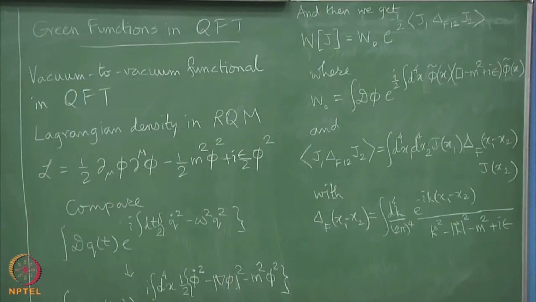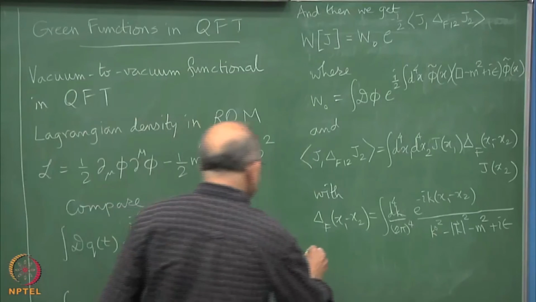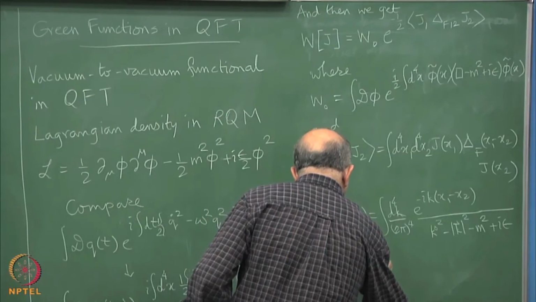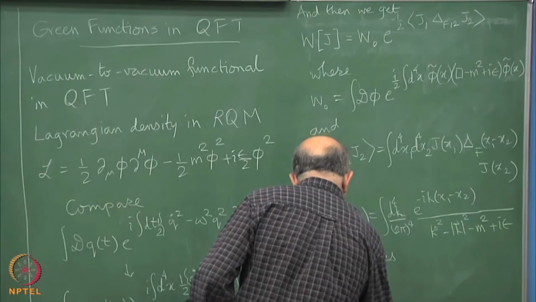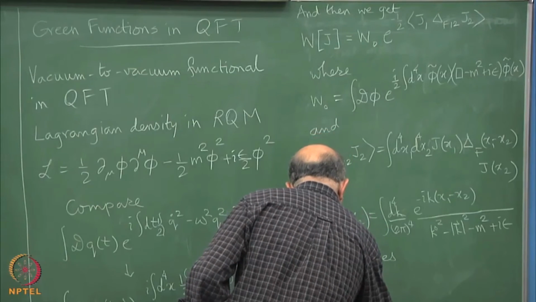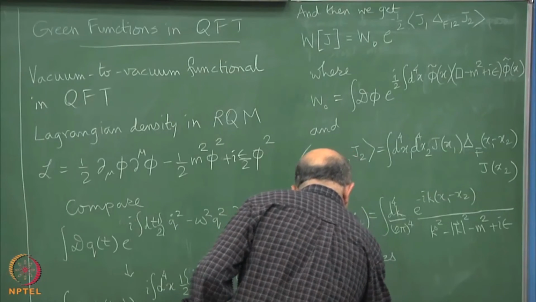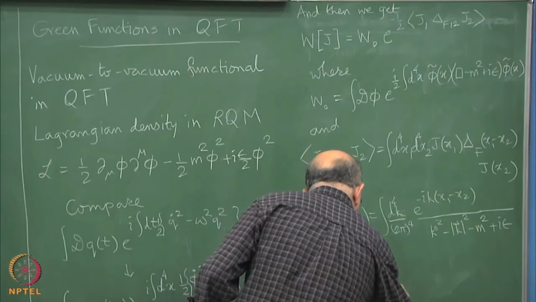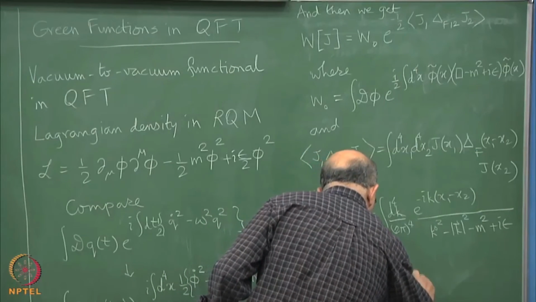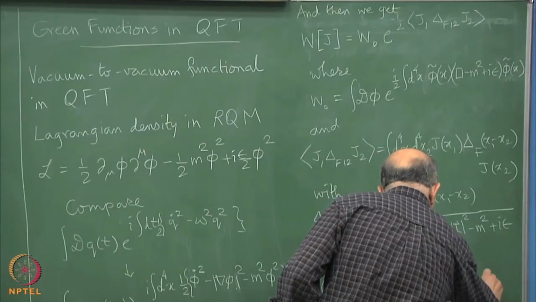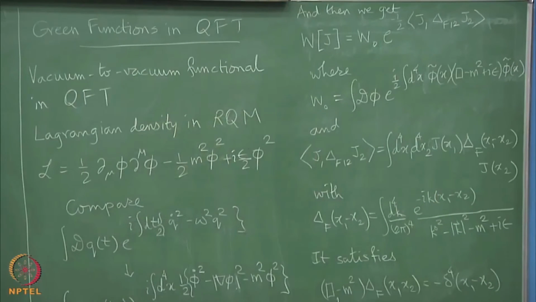It is equal to box minus m squared delta F equal to minus delta 4. The sign is not right, is it?